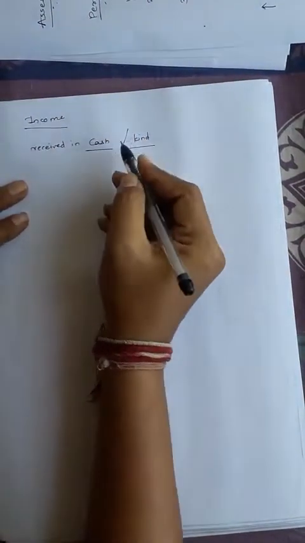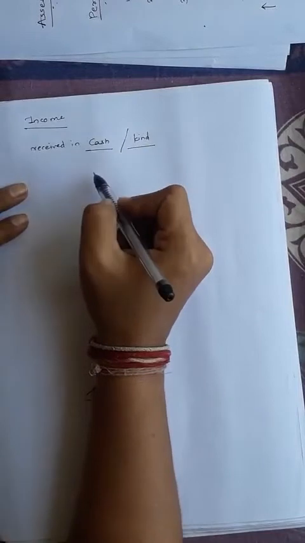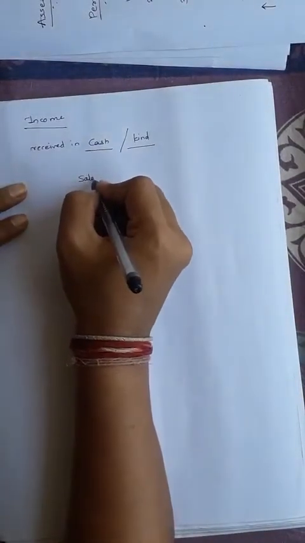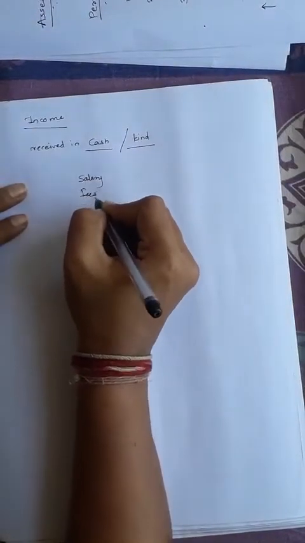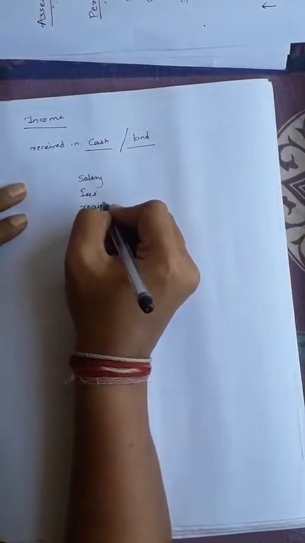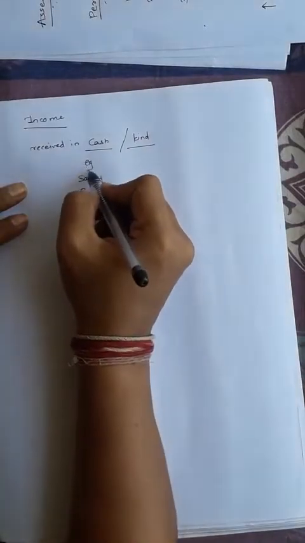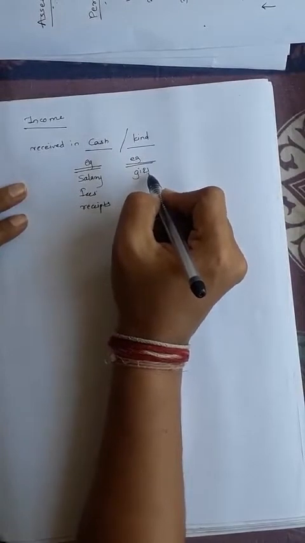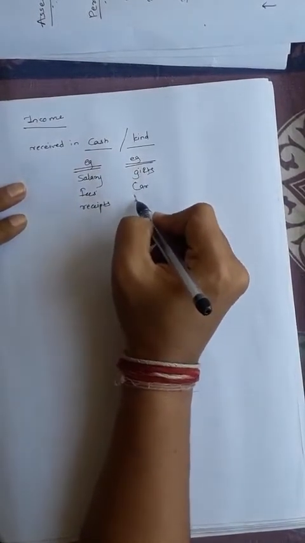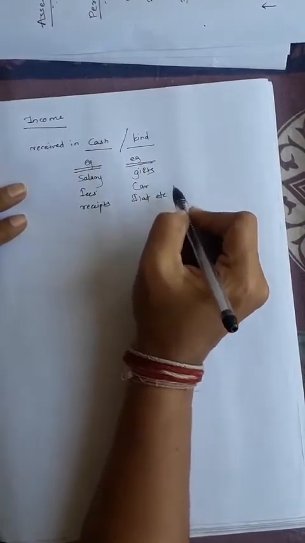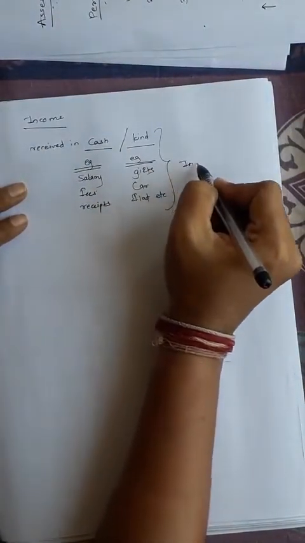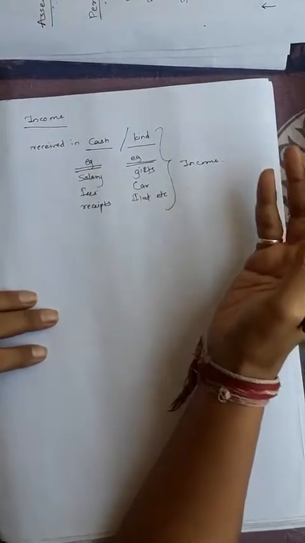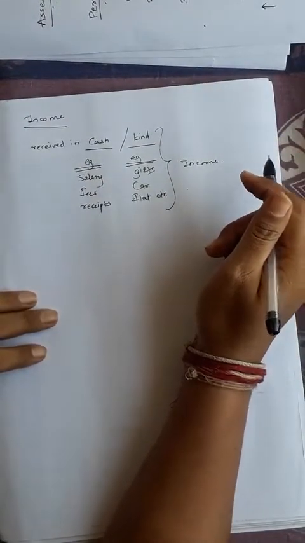So if you receive any income by way of cash like salary, fees, receipts, or gifts like car, flat, etc., then all are treated as income, and the kind is to be valued as per the rules prescribed under the Act.